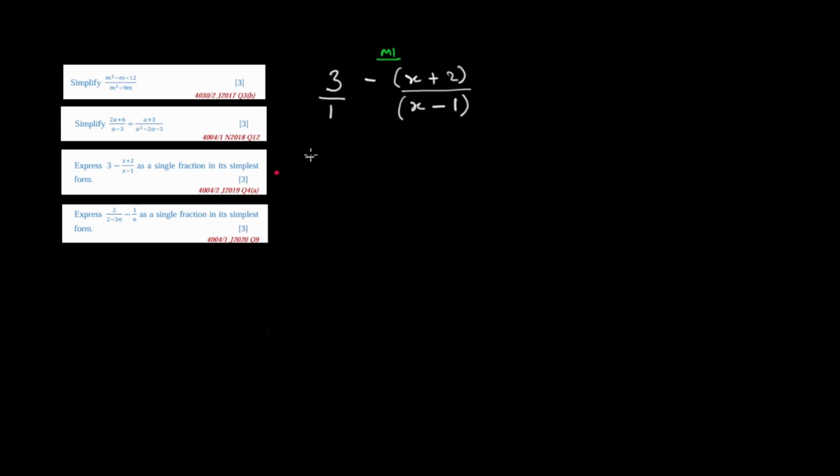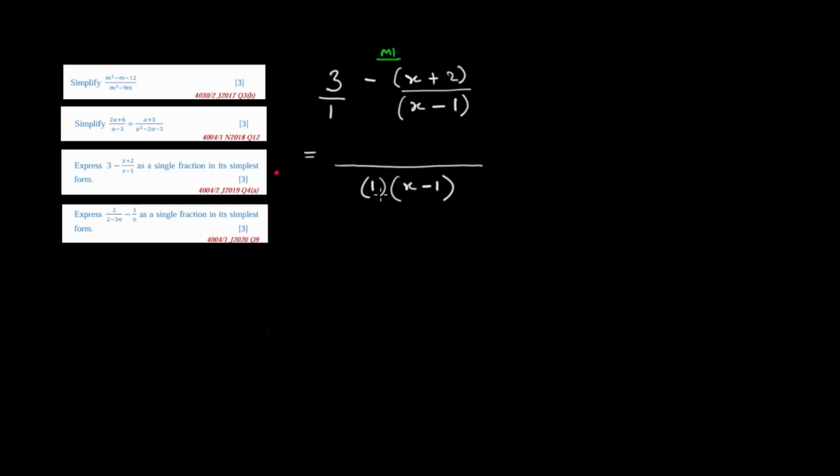So this will be equal to... what is going to be the common denominator? The common denominator here will be 1 multiplying (x minus 1). That's our common denominator.